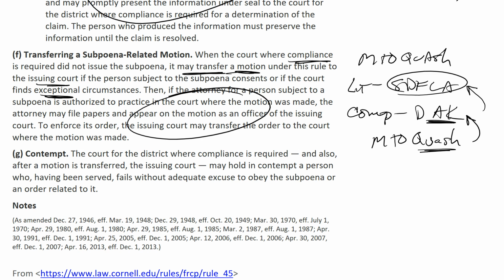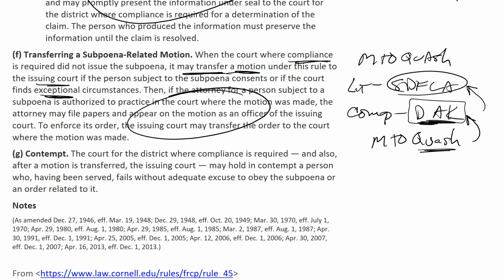And that's important because a lawyer who might be licensed, say, in the United States District Court for the District of Alaska, is going to be licensed, say, in the state courts of Alaska, maybe other courts in Alaska, say the Court of Appeals up there, as well as the Supreme Court of Alaska or whatever.